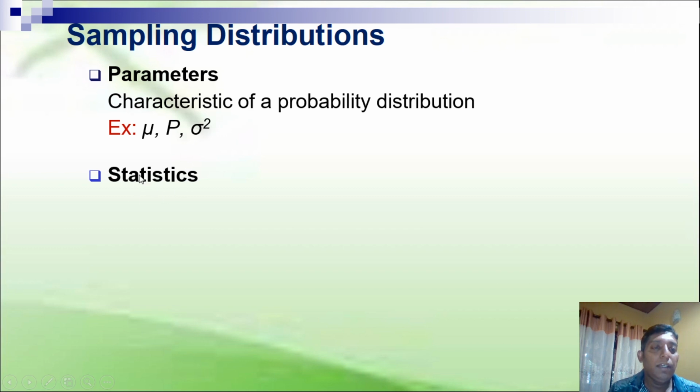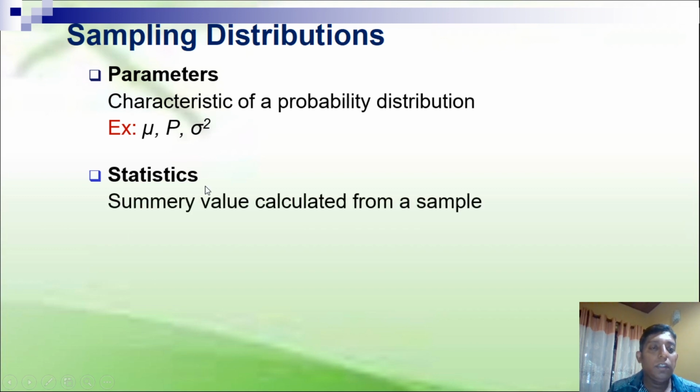To make a decision about the population characteristics, we usually use statistics. That means a summary value calculated from a sample. A sample characteristic we call a statistic. For mu, the relevant statistic is x bar.